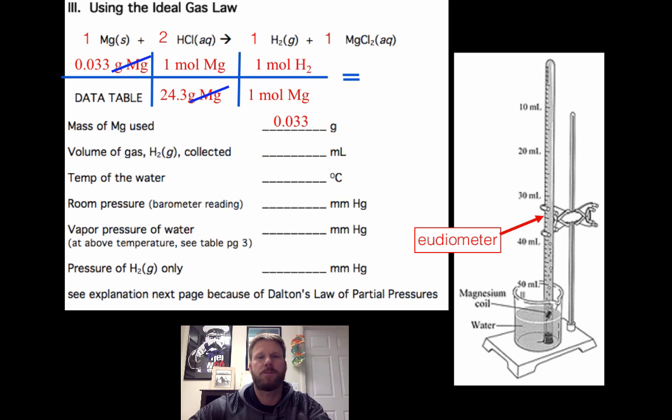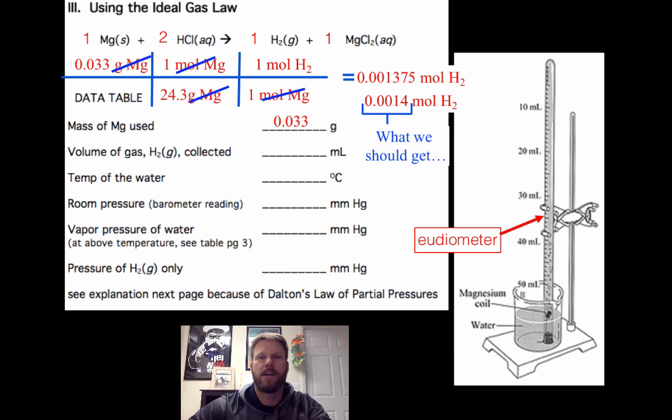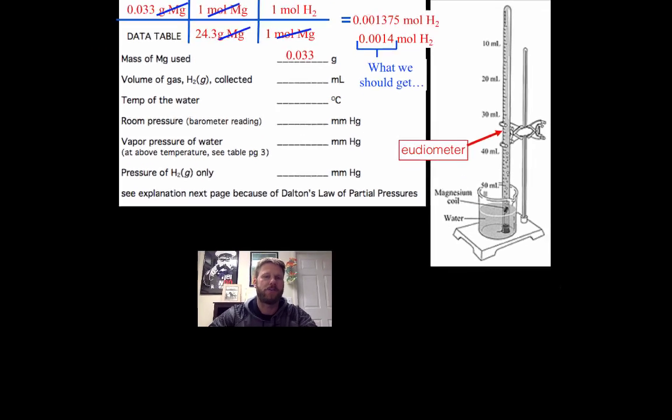Our moles of magnesium cancel, and if we solve this, we get that many moles of H2. However, that has too many sig figs. If our mass only has 2 sig figs, then our moles of H2 can only have 2 sig figs. So after we perform the experiment and use data from the ideal gas law to find the moles of hydrogen gas, we should get 0.0014 moles of hydrogen gas.